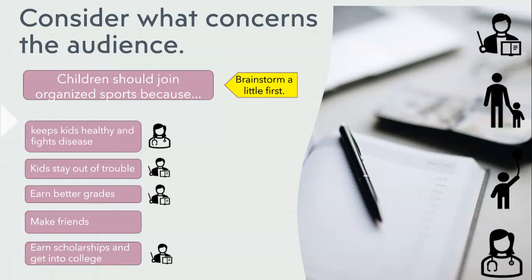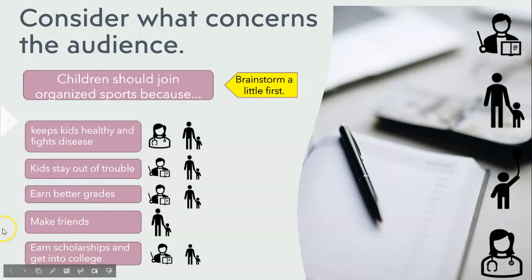A doctor might consider that keeping kids healthy and fighting disease is very important. Parents might also think the same thing. Parents might consider that kids staying out of trouble to be important. They want their children to make friends. That would also be pretty cool. And I don't know about you, but I know parents around here, they really want their kids to earn better grades. And they eventually want or value the fact that kids could earn scholarships and get into college.